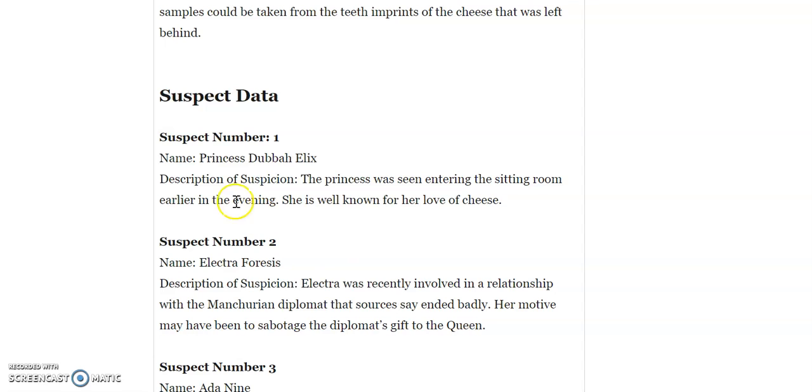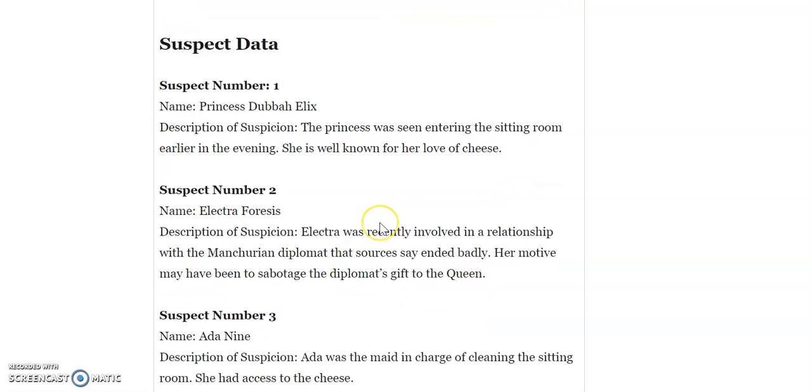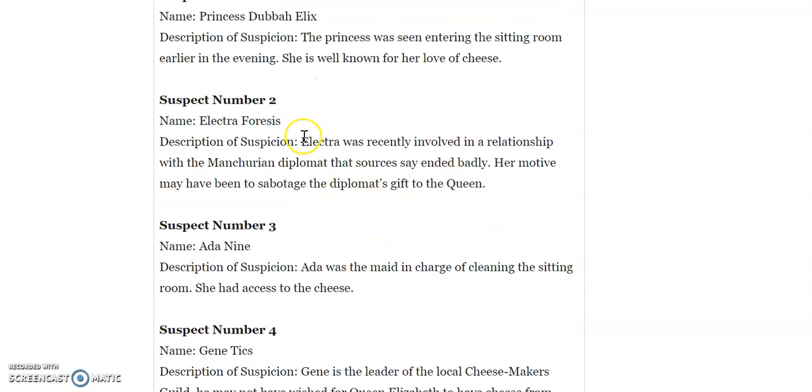So here are our suspects. Suspect 1 is Princess Dibba Elex. This is the description of suspicion, so this is why we think she might be a suspect. The princess was seen entering the sitting room earlier in the evening. She is well known for her love of cheese. Our next suspect is Electra Phoresis.